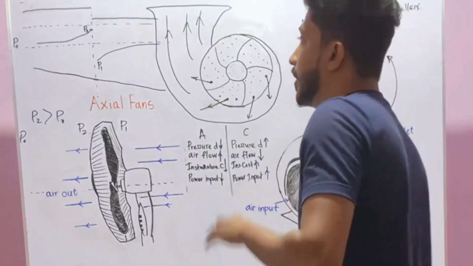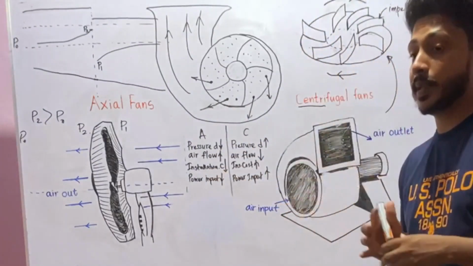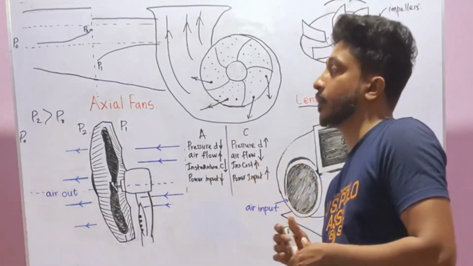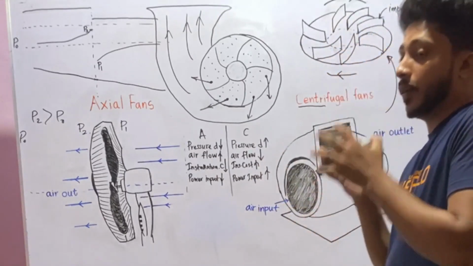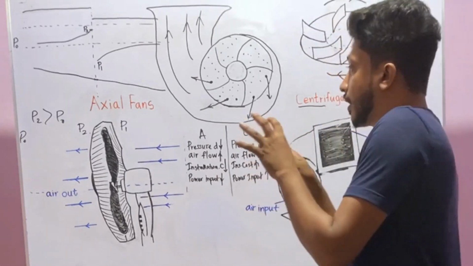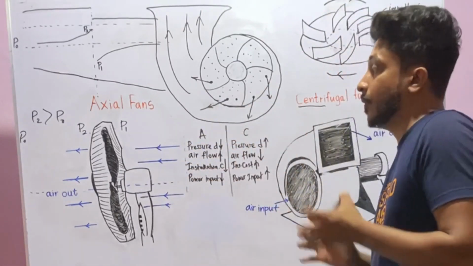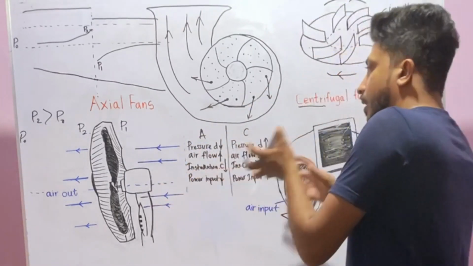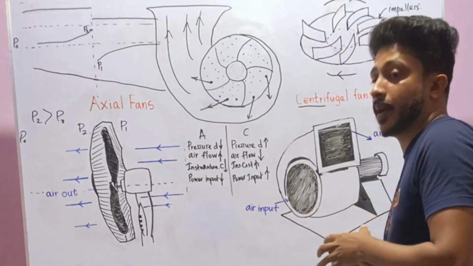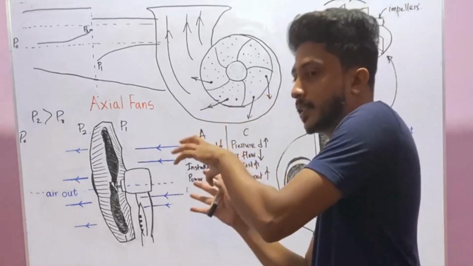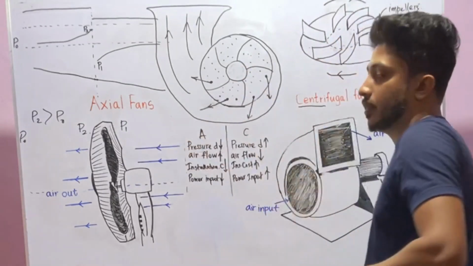So in this video we discussed the differences between fans, blowers and compressors. Then when we come to fans, there are two different types, axial fans and centrifugal fans. We discussed the differences between axial fans and centrifugal fans, and also the basic mechanism of axial fan and centrifugal fan.